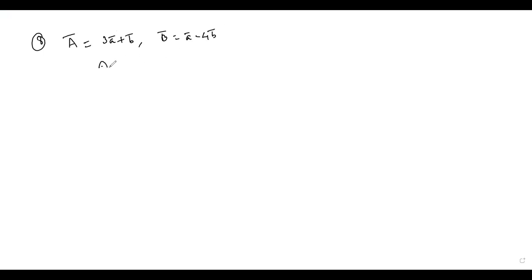If I add these two, which is the long length will come, we don't know. 3A bar plus A bar, that is 4A bar minus 3B bar. Okay. Now one more diagonal is also possible, A bar minus B bar. Now 3A bar minus A bar, that is 2A bar plus 5B bar.